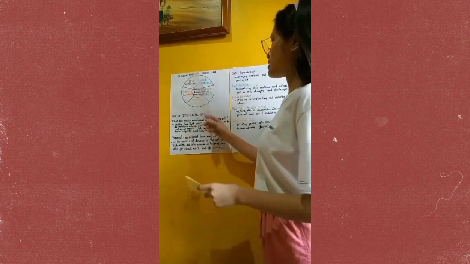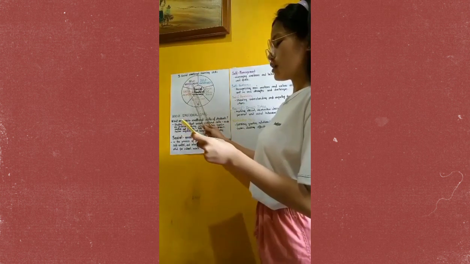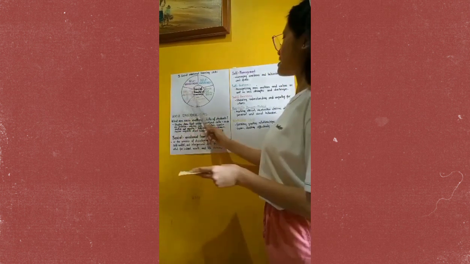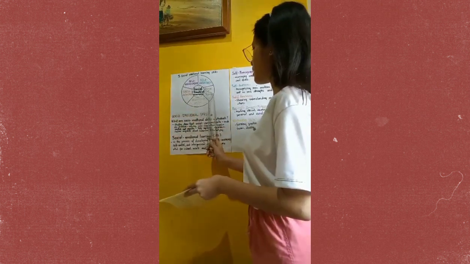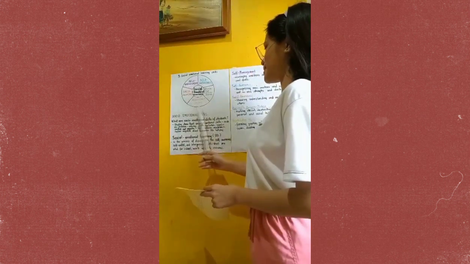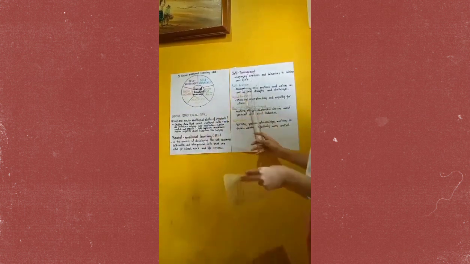First, self-awareness. Second is social awareness. Third is self-management. Fourth is responsible decision-making. And the last is relationship skills. So what is self-awareness?